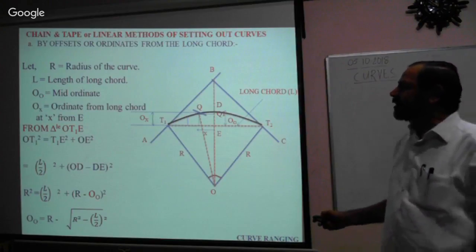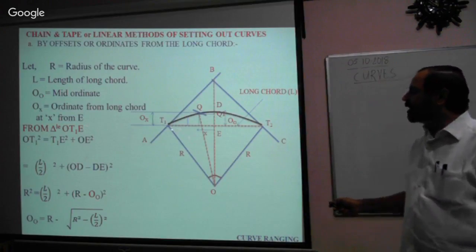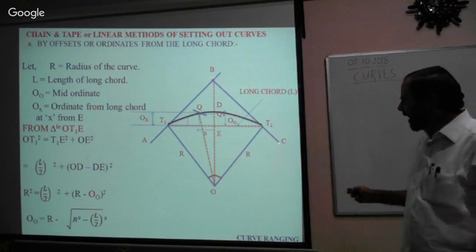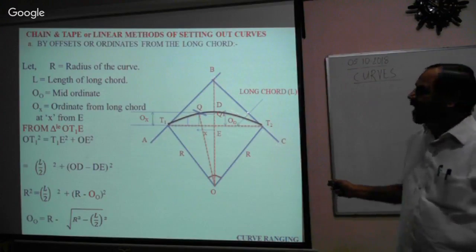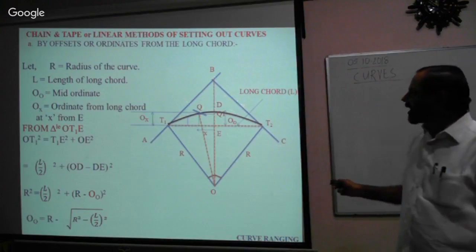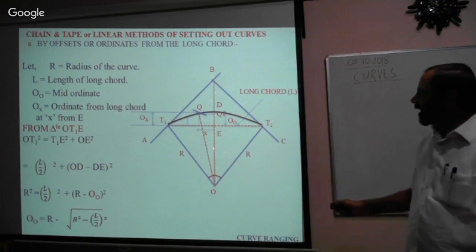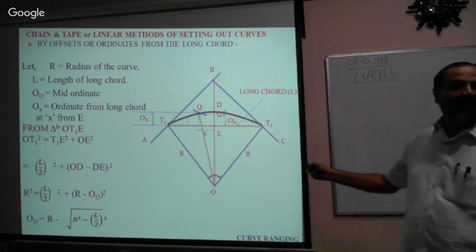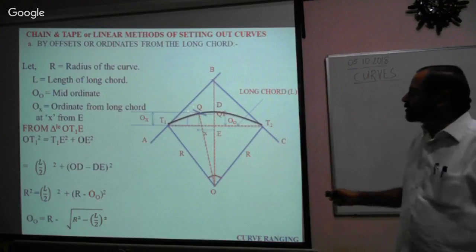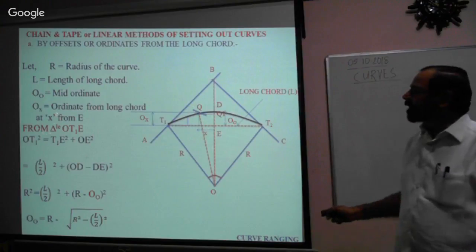Please understand this again. Now see, first straight, second straight, tangent length, then tangent length. Here this is the central distance, from O to B, not the middle of the curve. Now let us calculate.